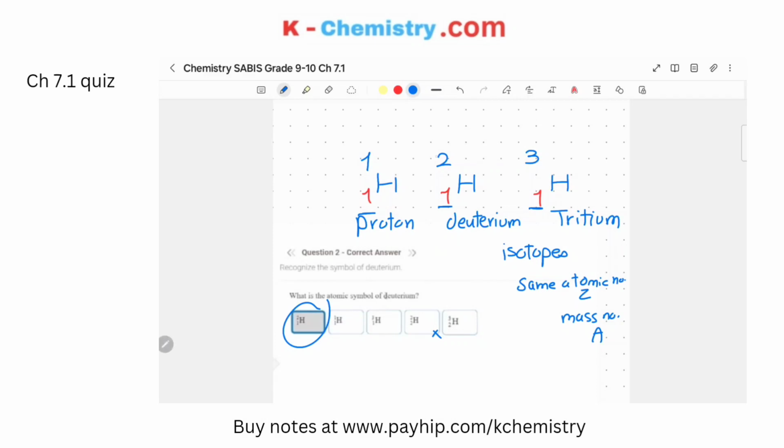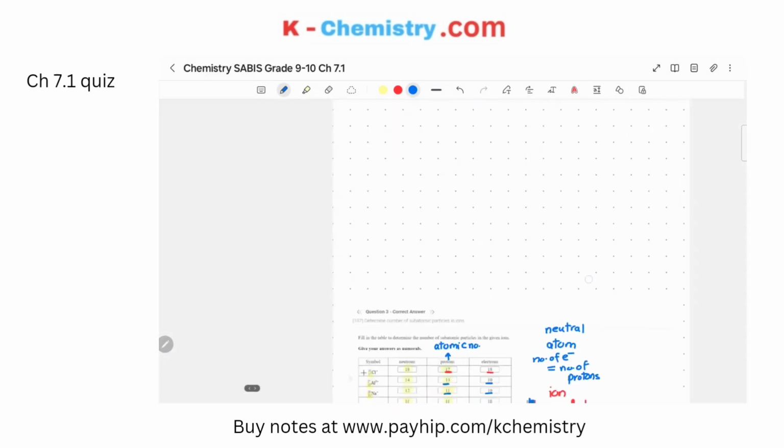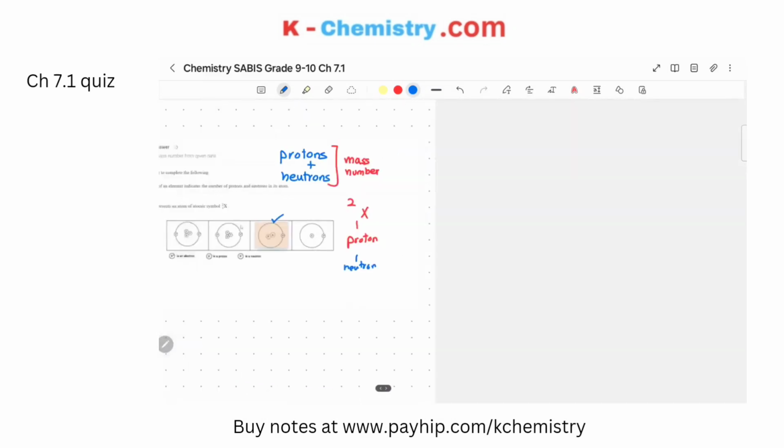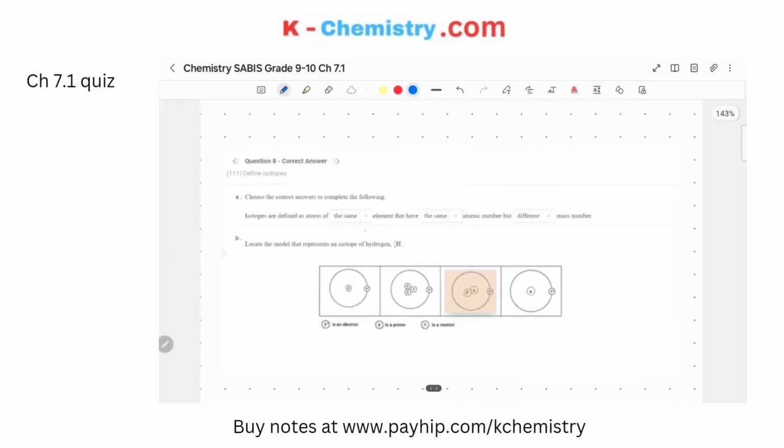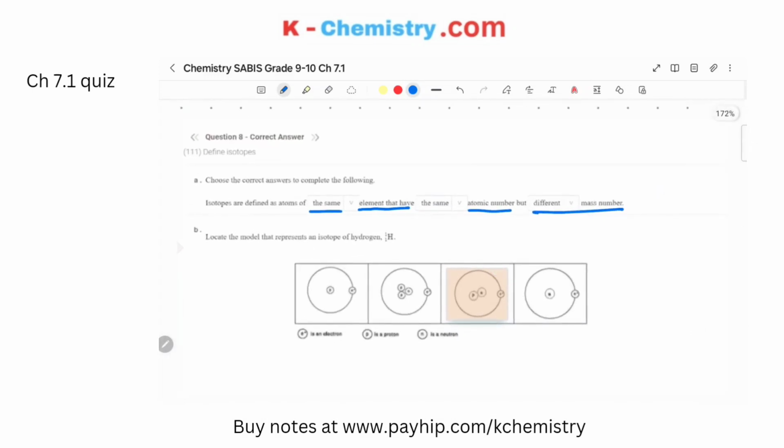And they have different numbers of neutrons. Accordingly, they have different mass numbers. So I will say the definition here. The isotopes are atoms which have the same atomic number or the same number of protons and are from the same element, but have different mass numbers or different numbers of neutrons.